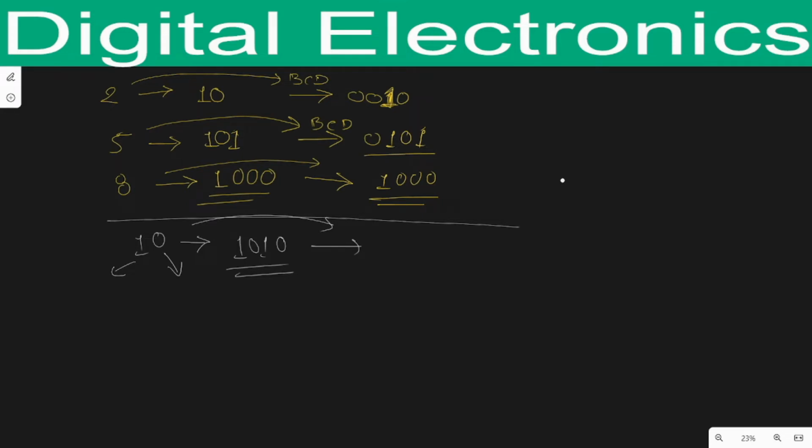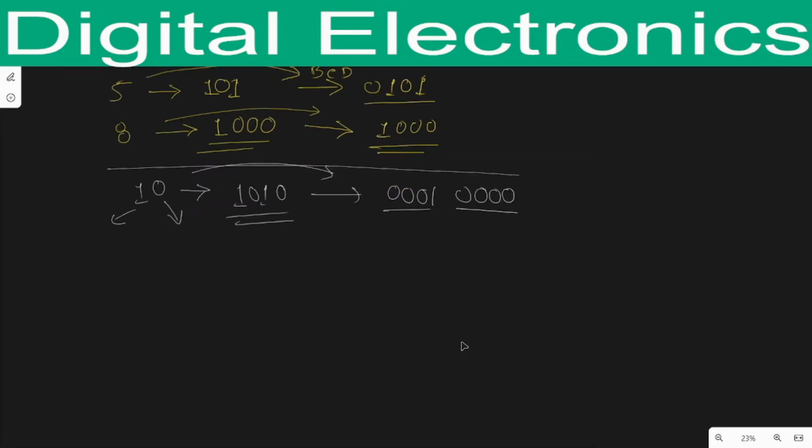So the BCD equivalent of 1 is 0001 and 0 is 0000. Okay, so this one is the BCD representation of 10. So I think you can easily understand the difference between binary and BCD. This one is the binary representation of 10. This one is the BCD representation of 10.